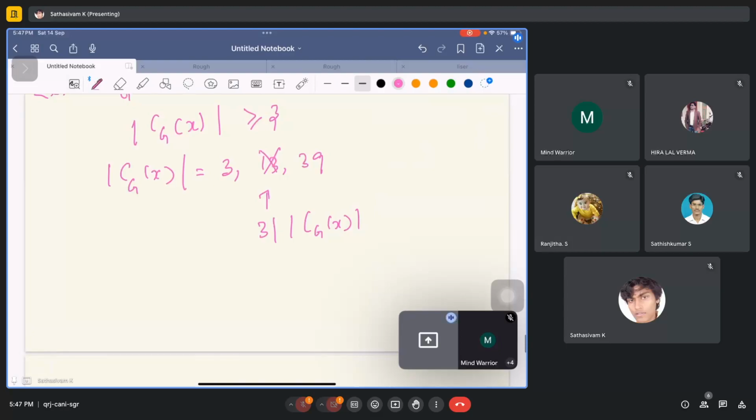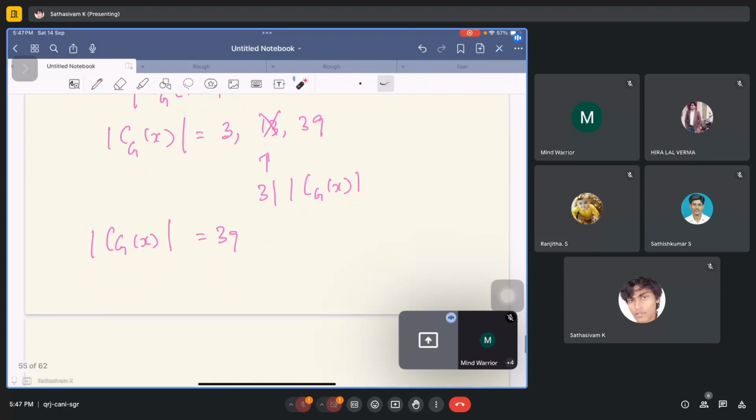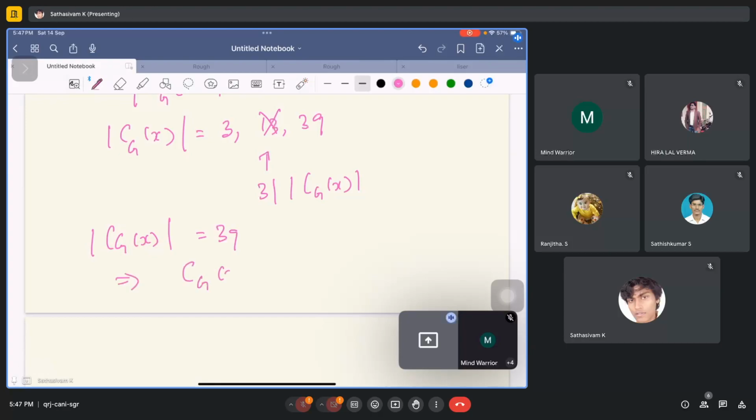Okay, is 39 possible? Let's compute that. Suppose this is 39. What does it mean? 39 is the order of the group, right? So the centralizer of X in G is actually G itself.